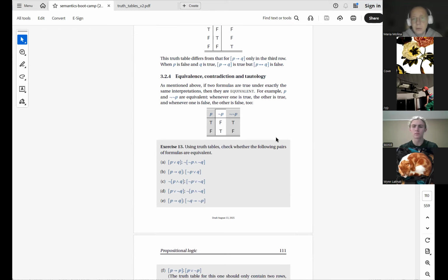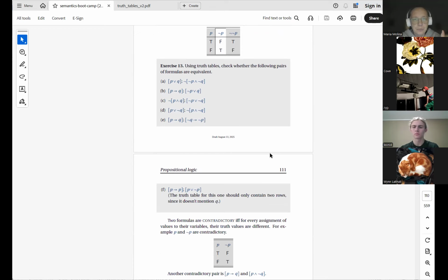Probably we didn't do equivalence, contradiction, and tautology last time. So, equivalence: P and double negated P are equivalent. That should be obvious, right?